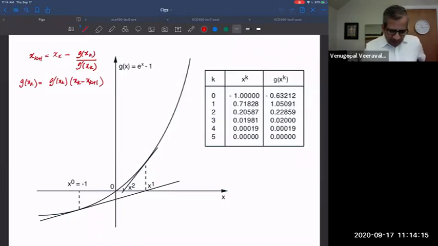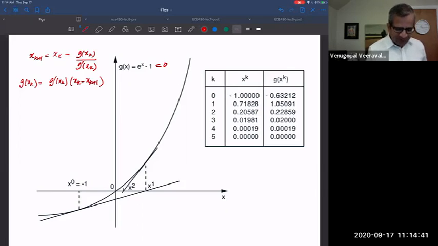First, let's look at trying to solve for this function g of x equal to 0. That's the goal. So what does Newton's method do? In this case, you start with x0. You have to start somewhere. You don't know what the solution to this problem is in general, though in this case you do.